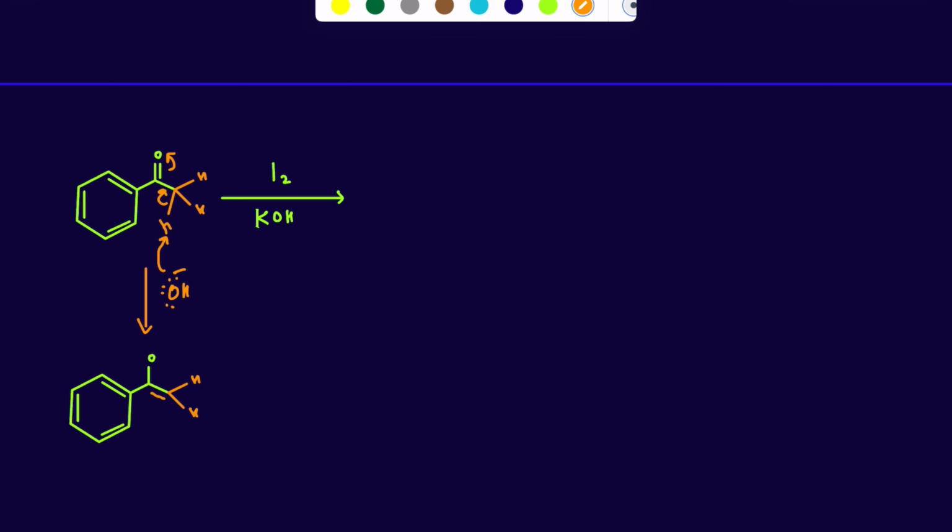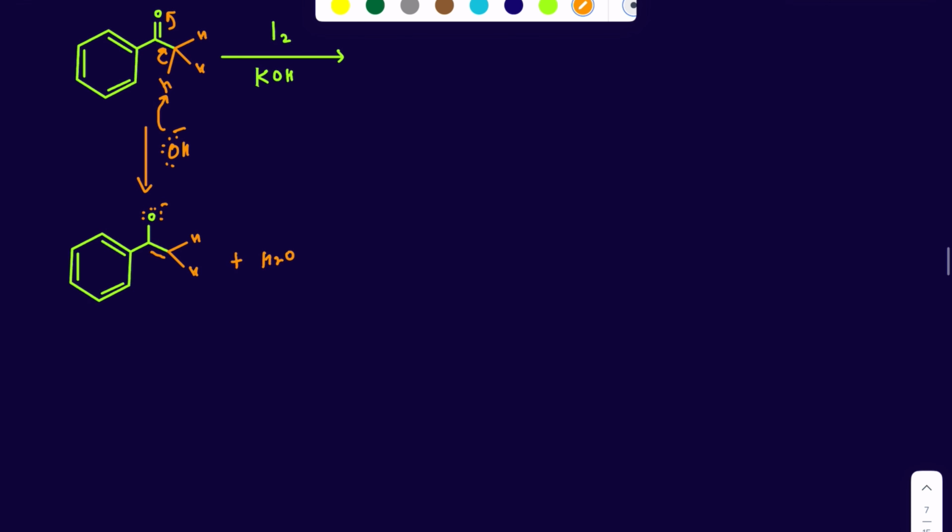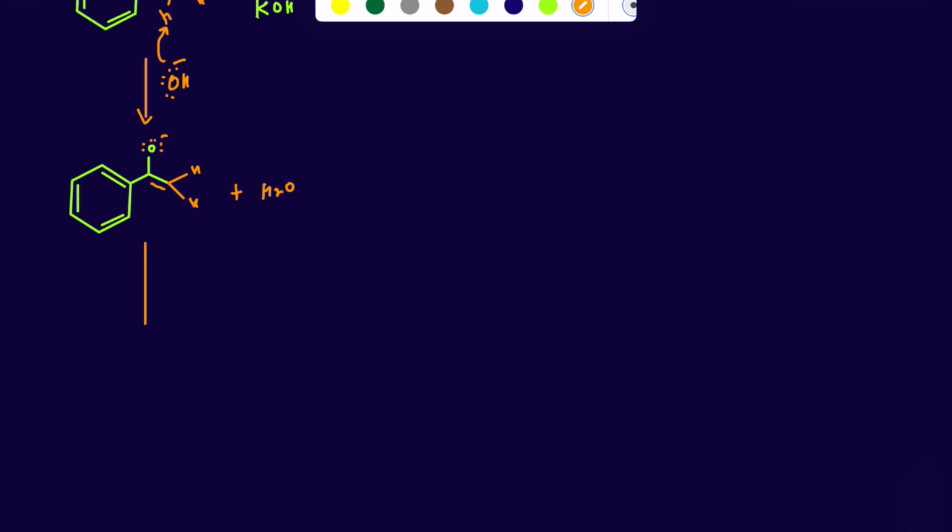So I got the enolate formed, and then in the second step, I can have this iodine coming into play. So this falls back, and this pi bond would be used to grab onto that iodine. Okay, so now I have one iodine installed.